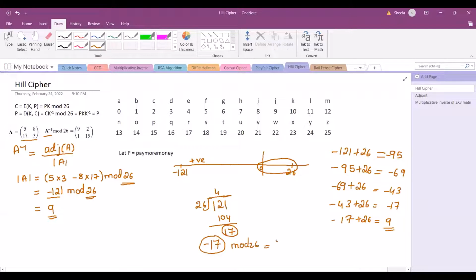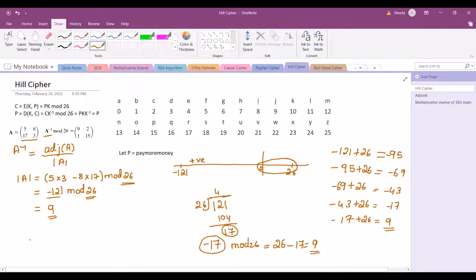The simple way is to subtract 17 from 26, and the value I get is 9. So this is also one way we can find the modulus when the number is large.